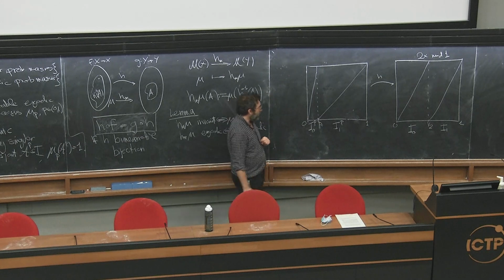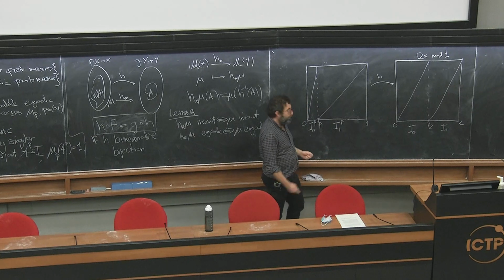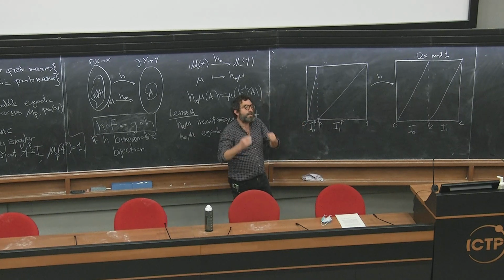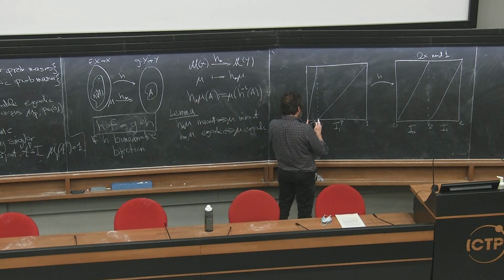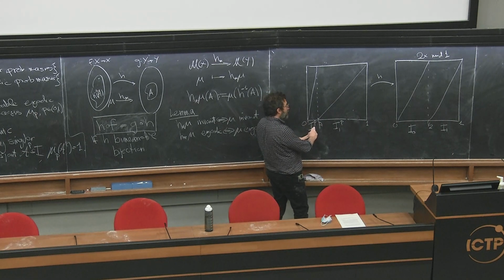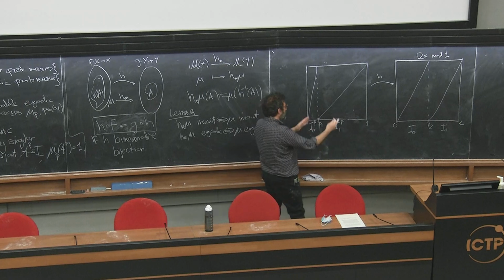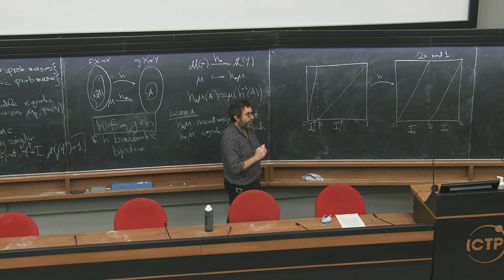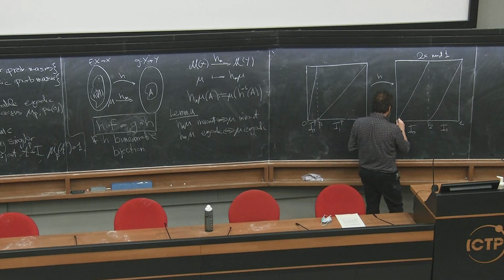If you look at the symbolic coding of these points, then the proportion of zeros and ones, the proportion of zeros, will converge exactly to p. Because every time you fall in I0, you get a 0 in your symbolic coding. And because Lebesgue measure is ergodic and invariant, you will fall into I0 exactly proportion p of the times, because p is the length of this interval. Okay? The same thing is true here.